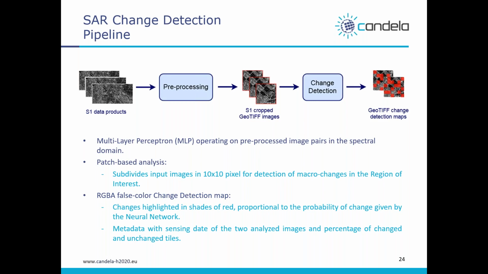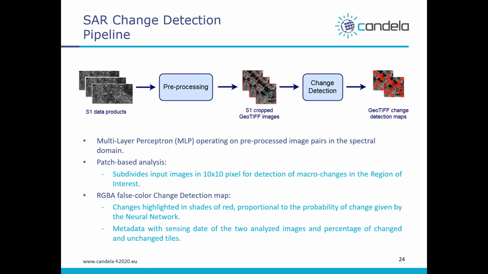So the actual change detection, as I said, operates in the spectral domain with a multi-layer perceptron network, which takes as inputs statistics from the spectrum of the images. It's a patch-based analysis, so each image is divided in 10 by 10 pixel tiles, and then each tile is analyzed individually.